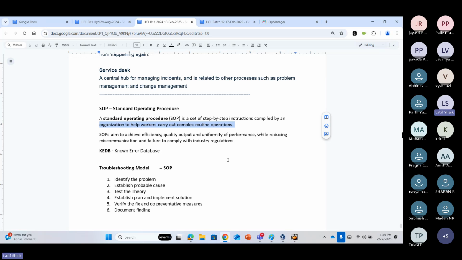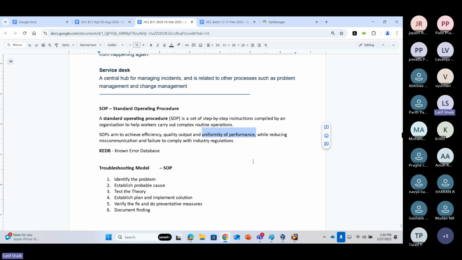Very important is to achieve efficiency, quality output, and uniformity of performance. This is very important. You know, you go to a hotel, and at certain hotels, whichever branch you go to, it's the same taste. No problem.